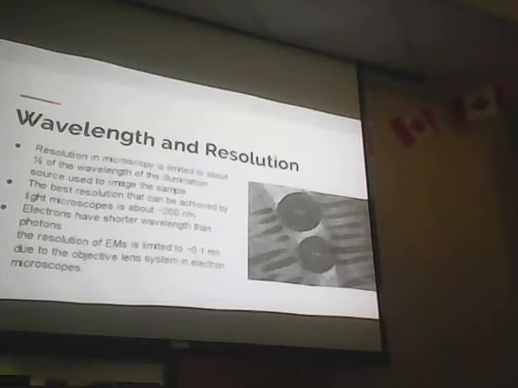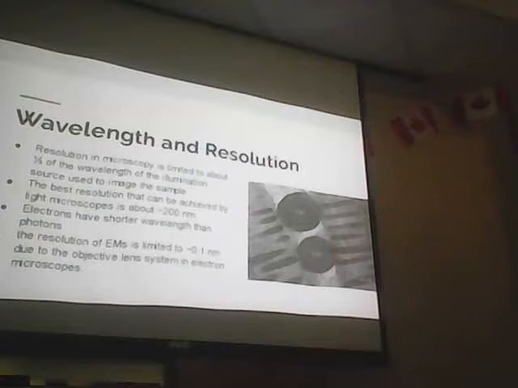And then there is the wavelength and the resolution. The resolution in a microscope is limited to about 1/2 of the wavelength of the illumination source used to image the sample.